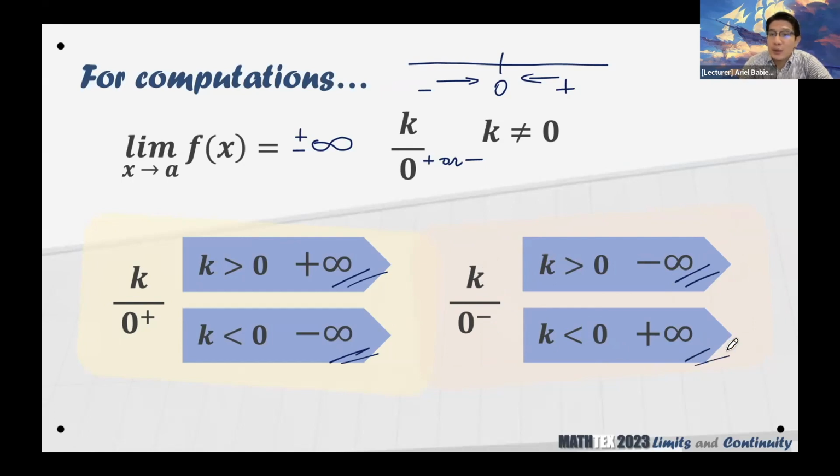Again, what I'm just showing you here is a shorter version of the thing that you'll encounter in the module. In the module, naroon yung specific theorems for this one. But then this is a guide that you can actually use. Whenever you get a limit that is non-zero over 0, automatically it's infinity. The question is, positive ba or negative infinity? Okay?